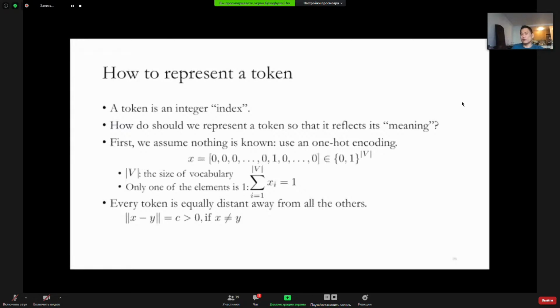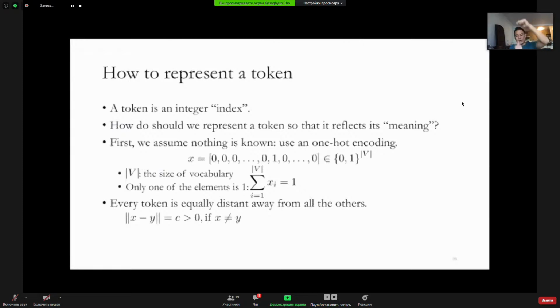So what we want is to turn it into yet another representation. This is stage 2 that assumes nothing. That is, we want to use a representation of each token that does not encode any similarity among themselves. And that's why we often use so-called one-hot encoding.